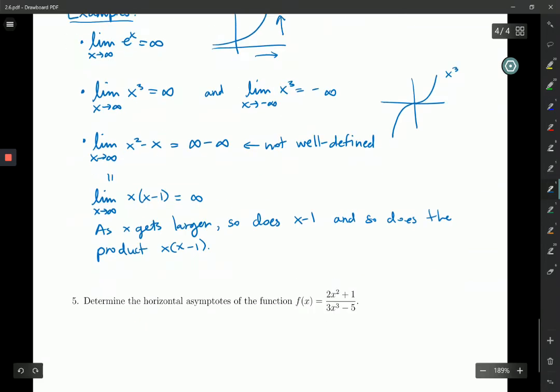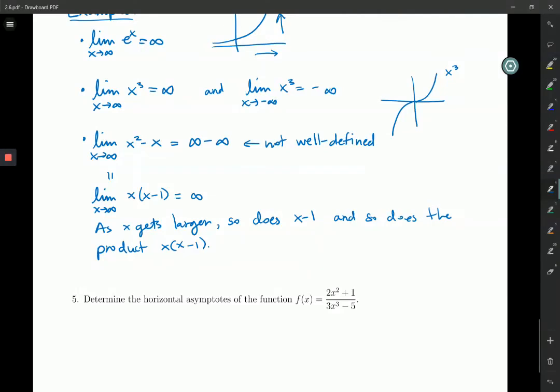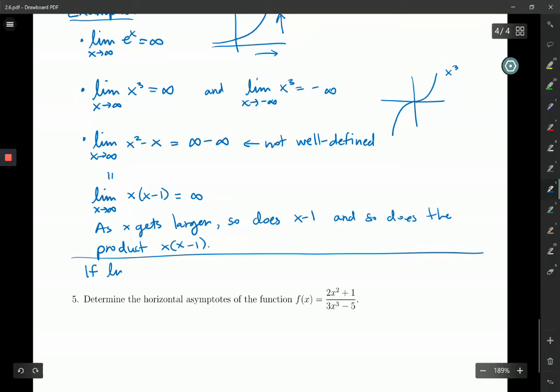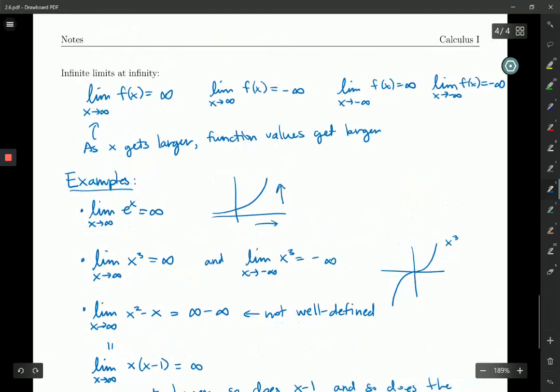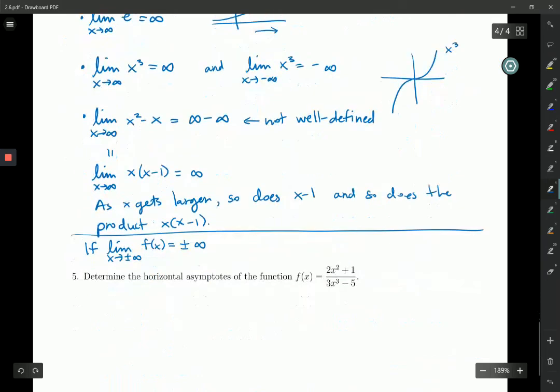Okay, and then one more thing I wanted to mention is that if we get that the limit is equal to plus or minus infinity, this is just a shorthand way of writing any of these situations. If we get this, we do not get a horizontal asymptote.